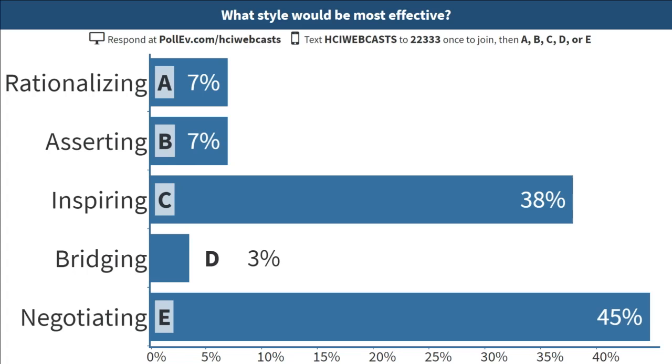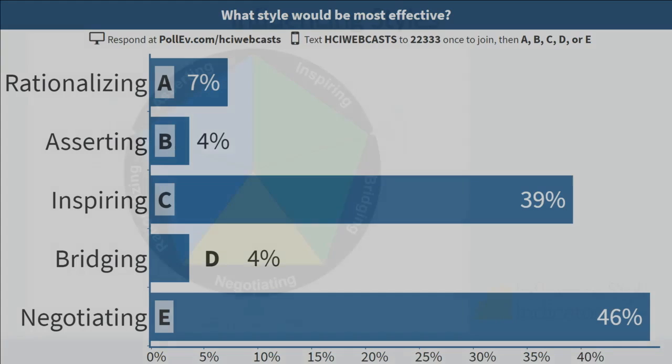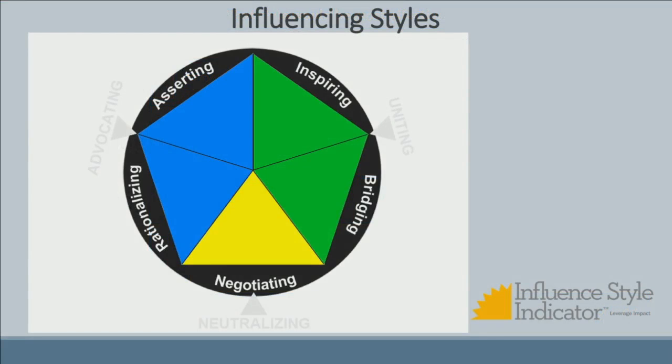And the idea here, when we are facing a person or a group that we need to influence, the first insight is that there are multiple ways I can do that. And so the ISI actually lets us see that I have some options.